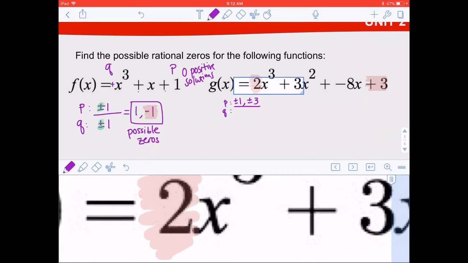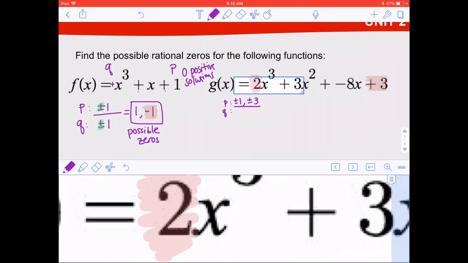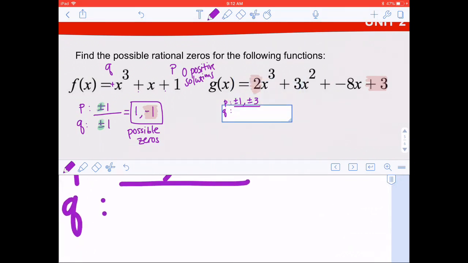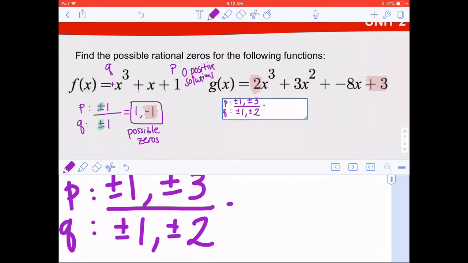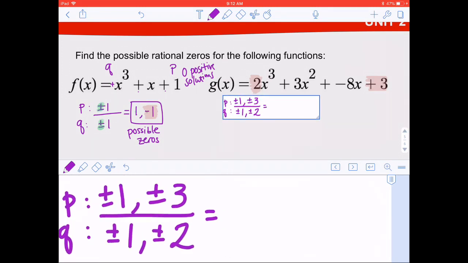Q is going to be the factors of this leading coefficient. So the factors of 2 would be 1 and 2. So now I'm going to separate this out. So I know that I have plus or minus 1 because 1 divided by 1. I know that I'm going to have plus or minus 1/2.